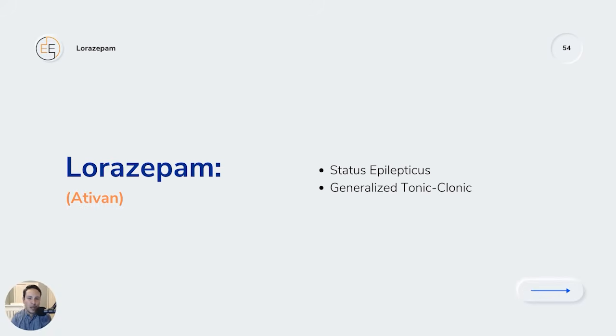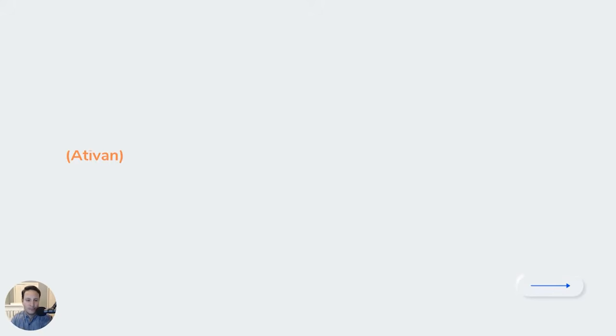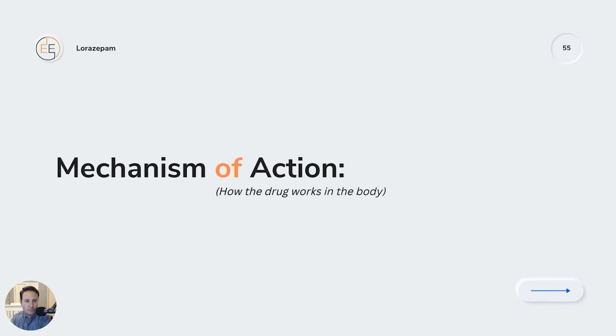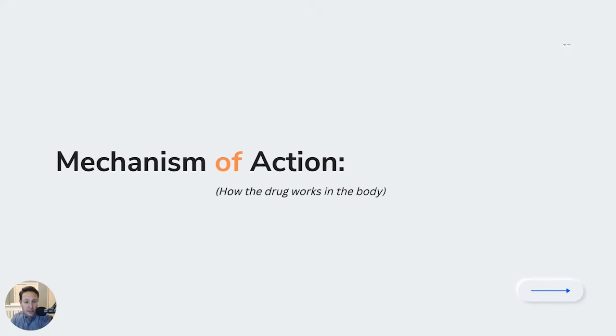All right. Lorazepam. Lorazepam is a short-term treatment for all seizures, commonly referred to as Ativan. Lorazepam is used to control status epilepticus and generalized tonic-clonic seizures. So what's the mechanism of action?